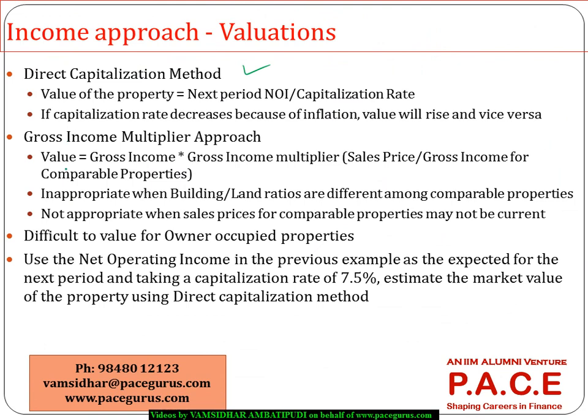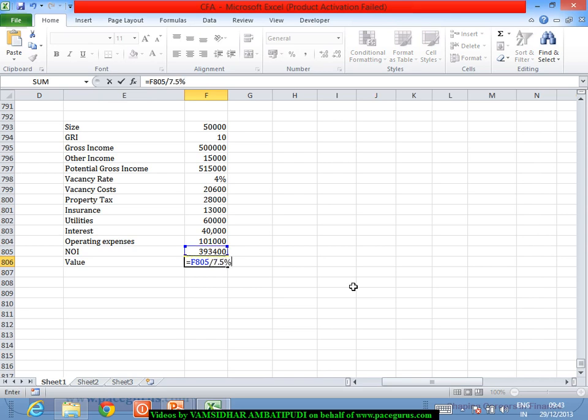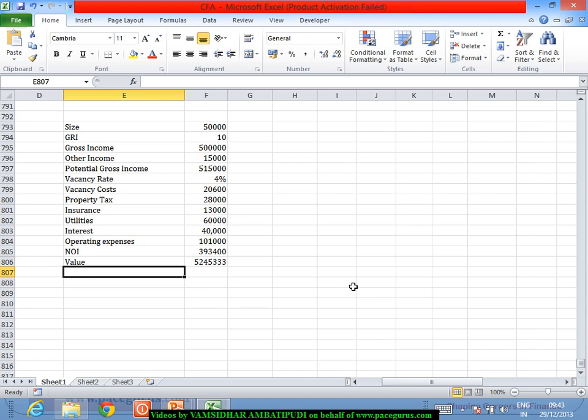So if I use the NOI in the previous example and a capitalization rate of 7.5, as I said, capitalization should be the expected rate of return minus the growth in the NOI per year. If I am taking that as 7.5%, the value of the property using this approach is NOI divided by the capitalization rate. So this property should be worth 5.24 million.